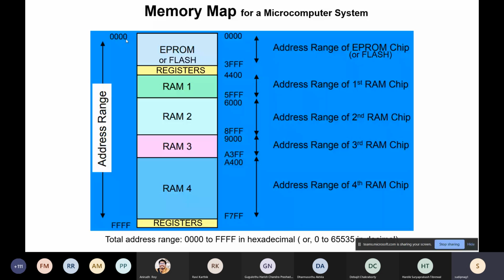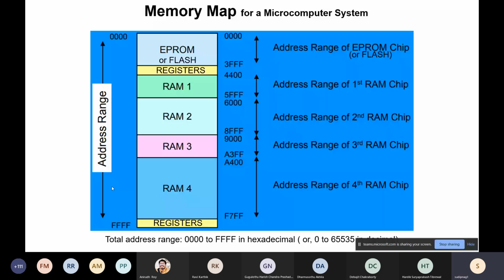So there are 2 to the power 16 locations, whatever that number is, 65,535 I think, and the corresponding hexadecimal number is FFFF. So this is the total space that I have in my house, for example, in my memory, called the address range.